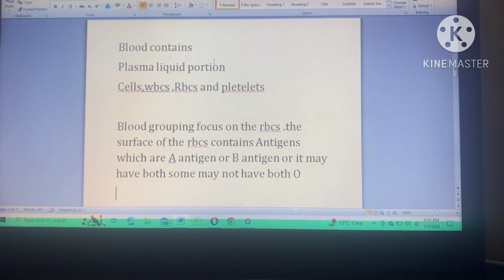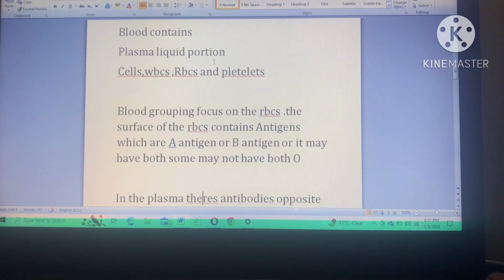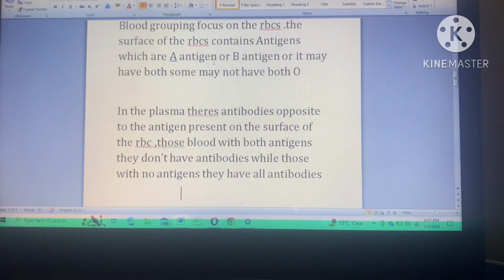Okay, so another thing we have to understand is that when the surface of the RBC contains antigen A, the plasma, on the other hand, contains the opposite. If the blood contains antigen A, in the plasma there is anti-B antibody. It is the opposite. A lot of people miss here.